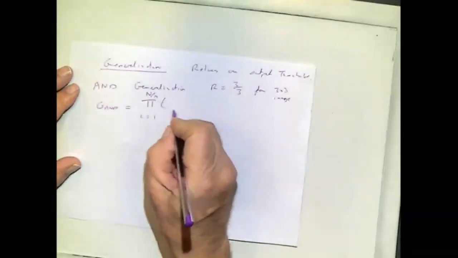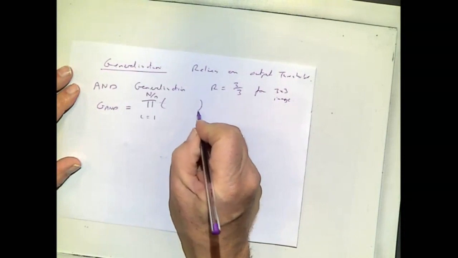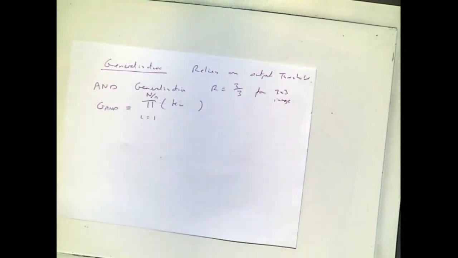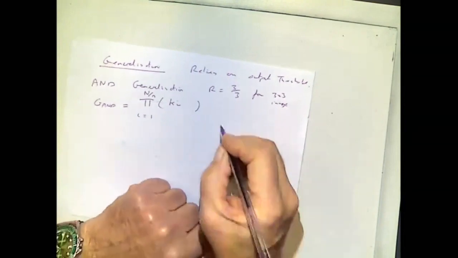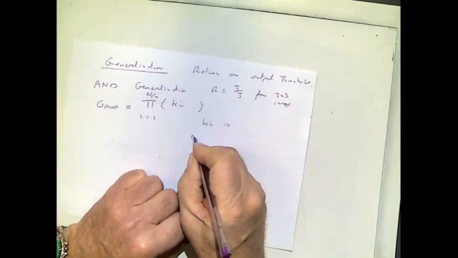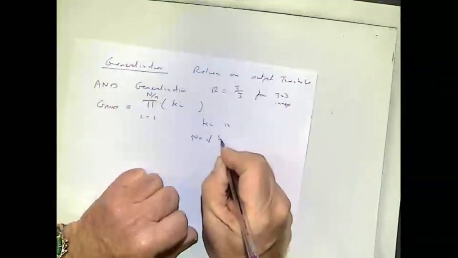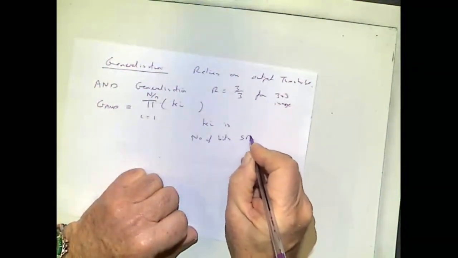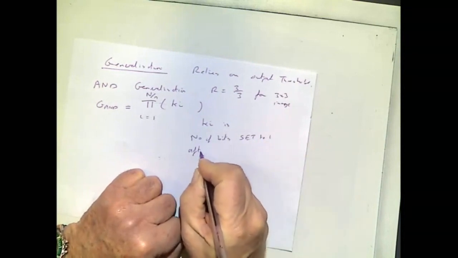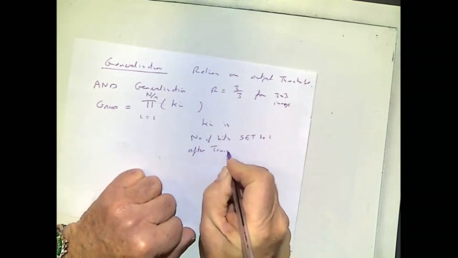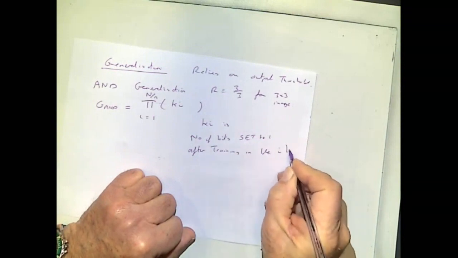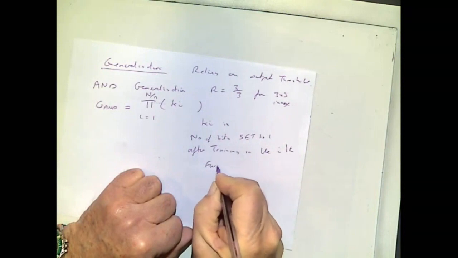The contents of the product series is ki, where ki is the number of bits set to 1 after training in the ith function.